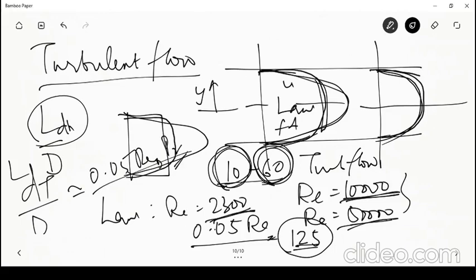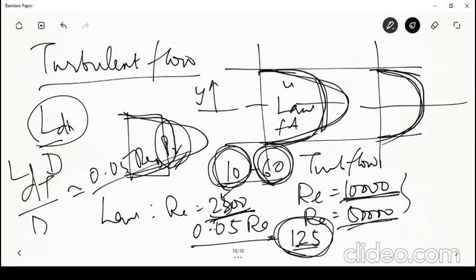So in the case of L_DT by D, this again will be 0.05 Re_D Pr in the case of laminar flow. So when the Prandtl number is, let us say, 1, that is for air, and the Reynolds number is 2300, then again you have close to 125. If I take it as 2500, approximately 120 to 125 diameters as the thermally developing length. And if the Prandtl number is greater than 1, then it takes even longer.